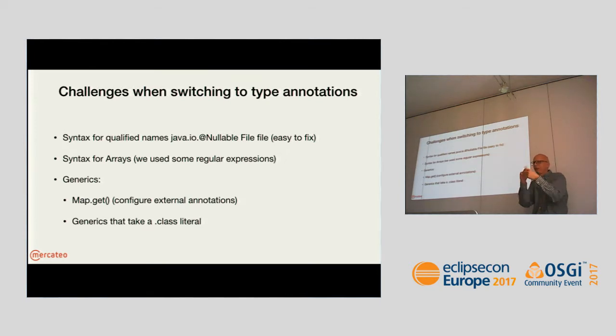So suddenly, if you just change your class file and suddenly use null type annotations, a nullable array gets turned into a non-null array of nullable. This is bad. And this is actually the hardest part during migration. This is actually the only really hard thing. We used some regular expressions, which did like 90% of the cases. I think I didn't catch the combination of arrays and these.